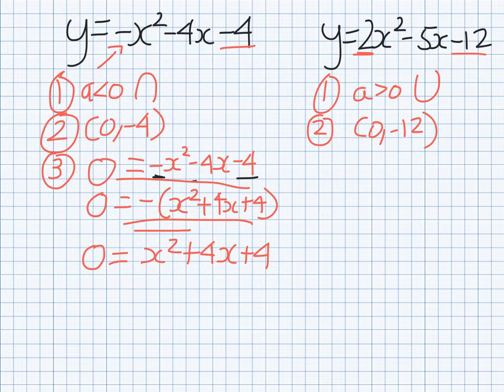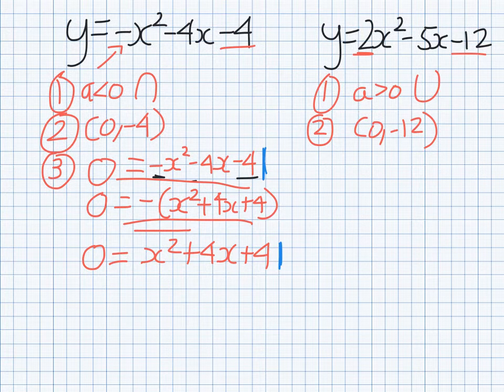It will be a different parabola than the one I have now, but the solutions will be the same. What I mean is, minus x squared minus 4x minus 4 is a different parabola than y equals x squared plus 4x plus 4. But when I'm solving, I can solve this bottom one because they will both have the same x-intercepts.